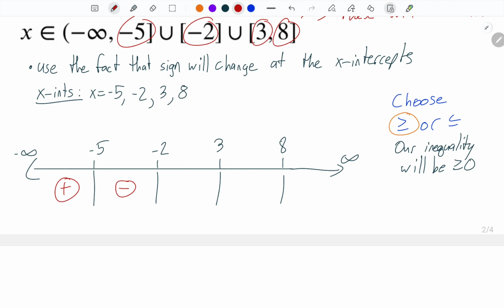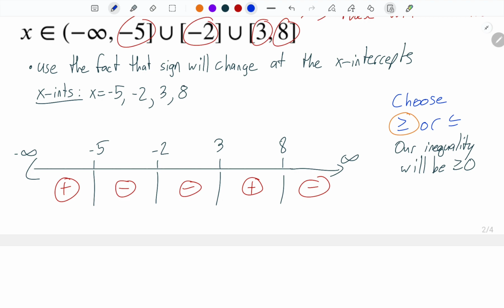You'll see that -2 is included, and you'll see that I chose equal to in both of those inequalities because we have the closed brackets. We are reaching the x-axis, so that's why. And we have 3 to 8 as part of our solution, so it's going to be positive. And then 8 to infinity is not in our solution, so it's negative. So we have our regions of positive and negative.